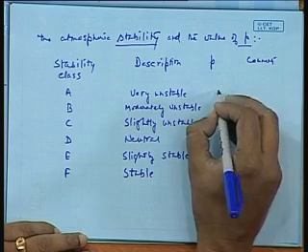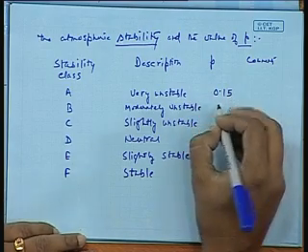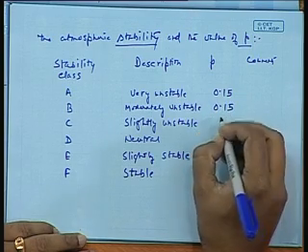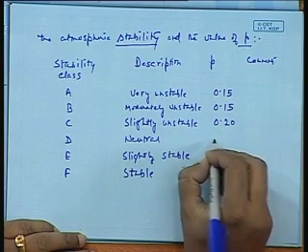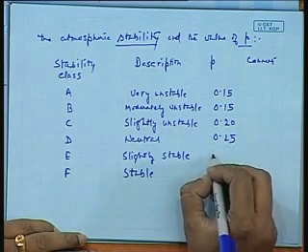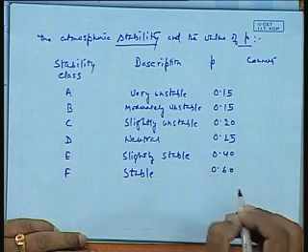Okay. Here the value of P is like this: 0.15, 0.15, 0.2, 0.25, 0.40, 0.60.